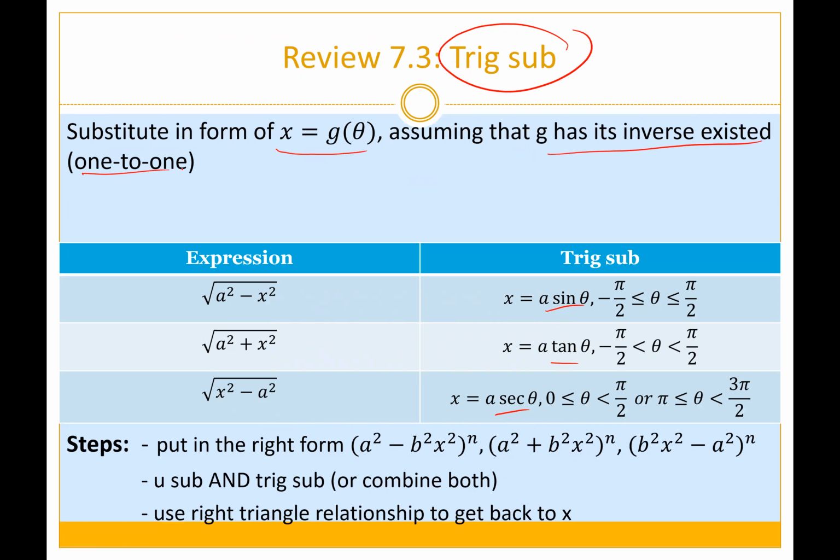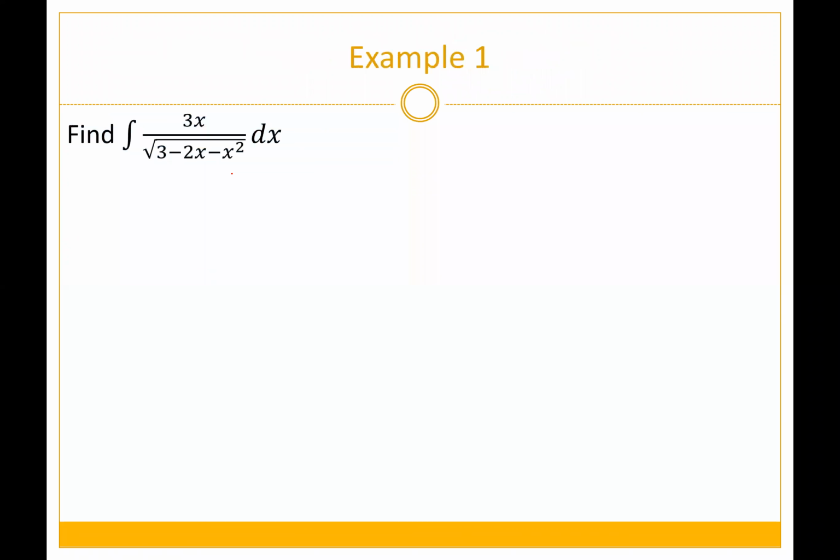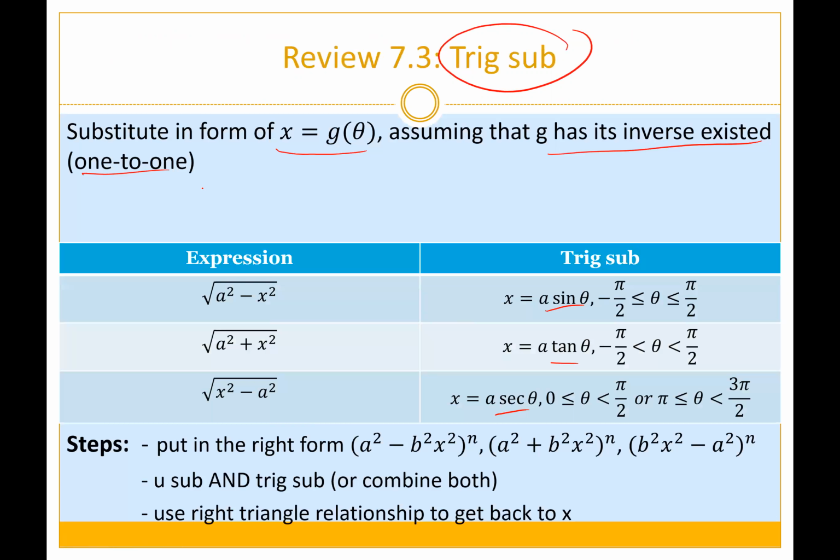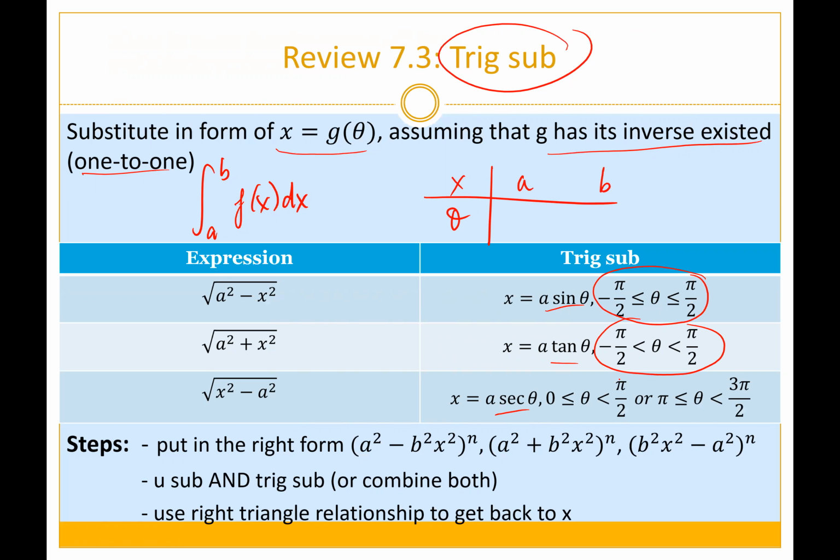Say in the case of a definite integral with boundaries from a to b of some function of x, when you change the variable of x from a to b to theta, then your theta has to satisfy these conditions of the substitution.